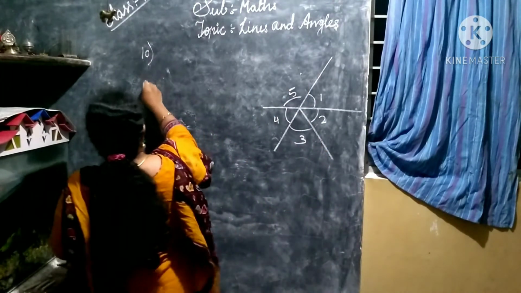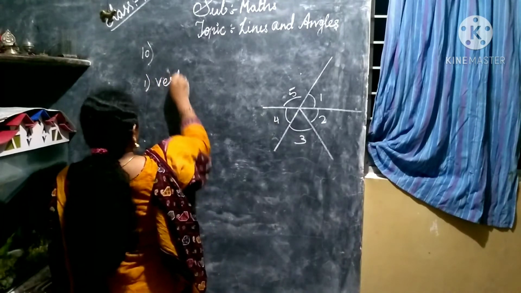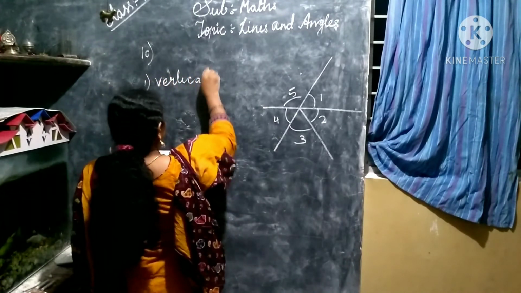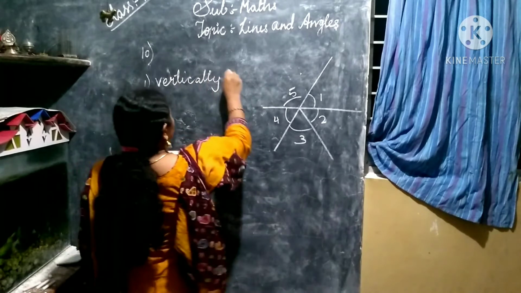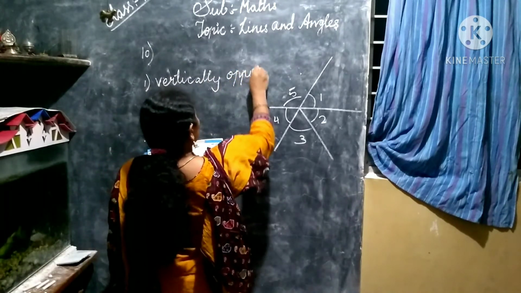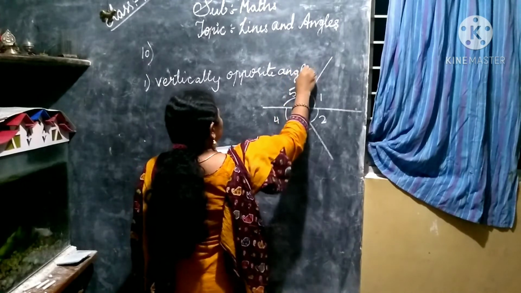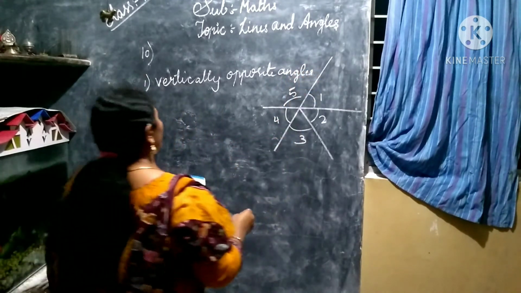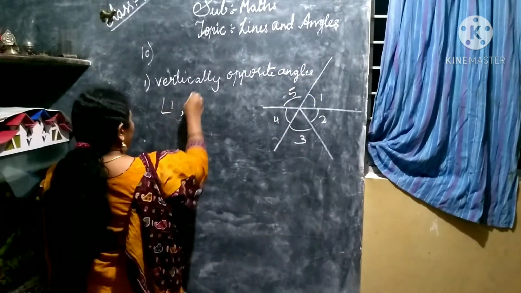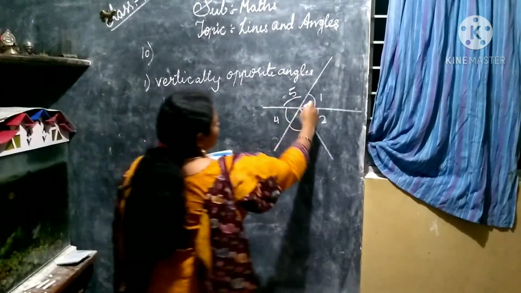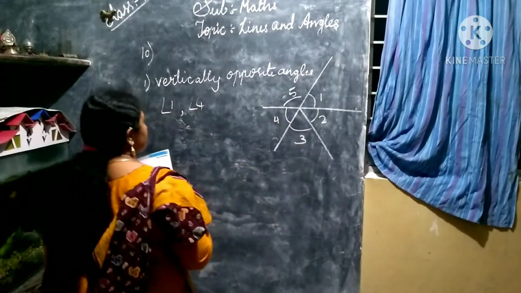So we have to say which are vertically opposite angles. We have angle 1 and angle 4. These two are vertically opposite angles, isn't it?